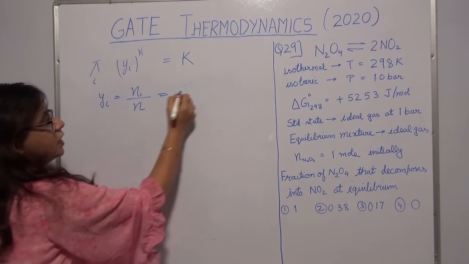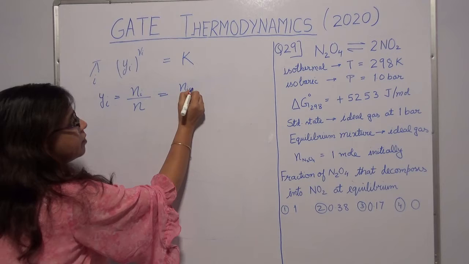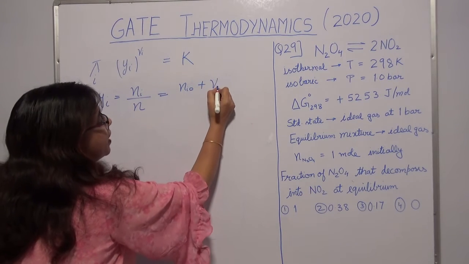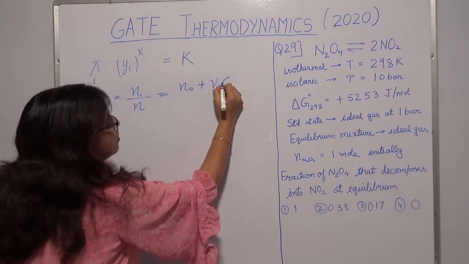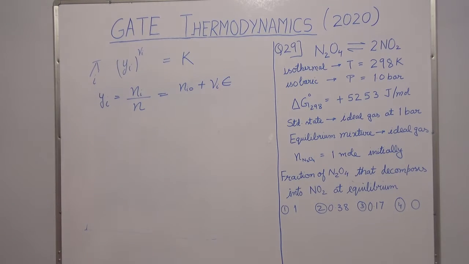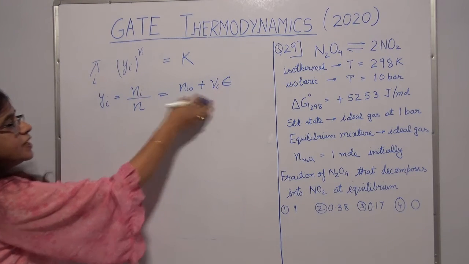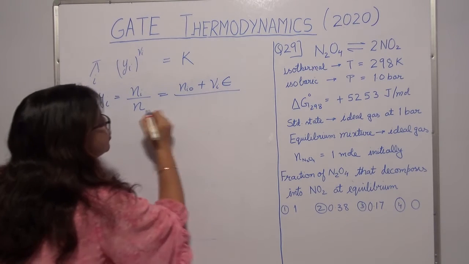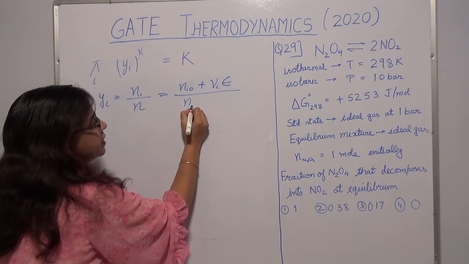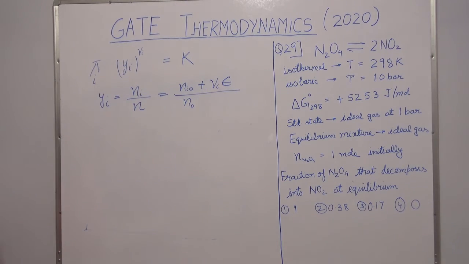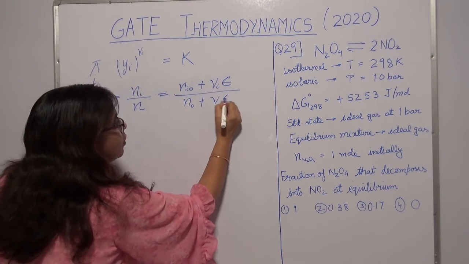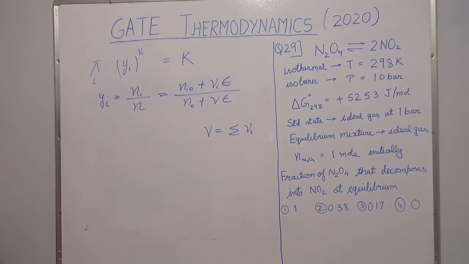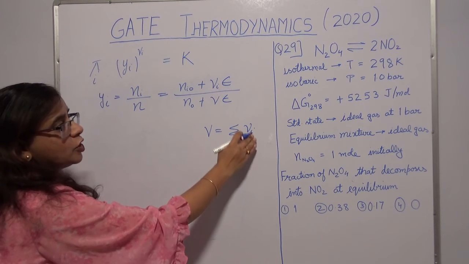If I have Ni naught as the initial number of moles of ith component, then if I add nu I multiplied by my extent of reaction, that will give me the number of moles at any time of this component I. And what will be the total number of moles at that time? That will be equal to N0, that is the total number of moles initially charged, plus nu into epsilon, where nu is defined as summation nu I. So I am adding up all the stoichiometric coefficients.